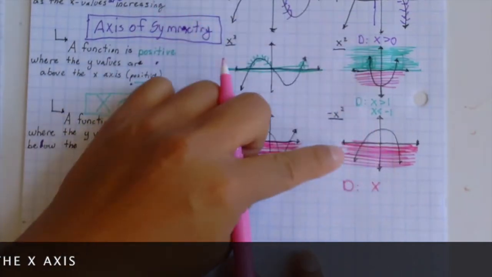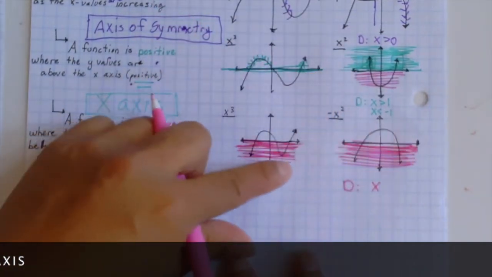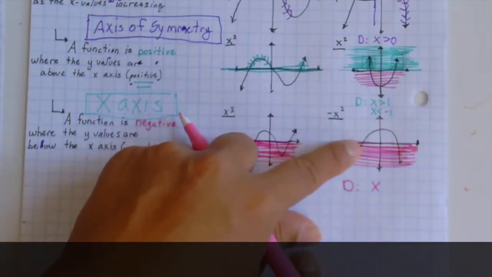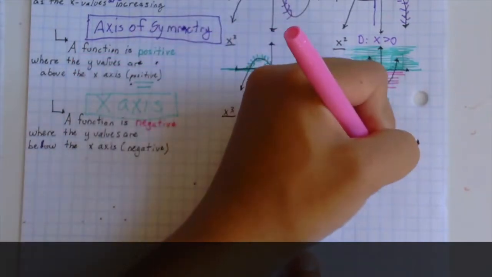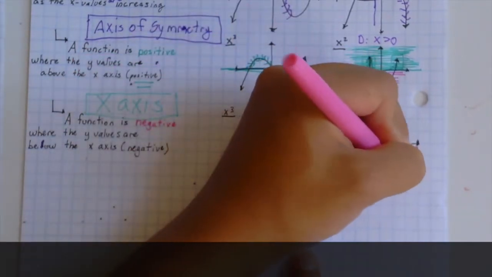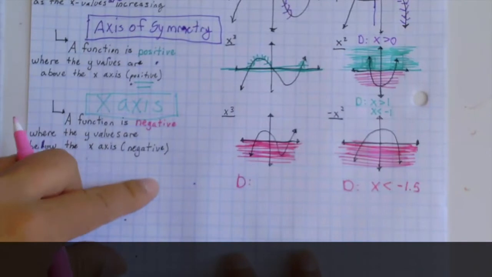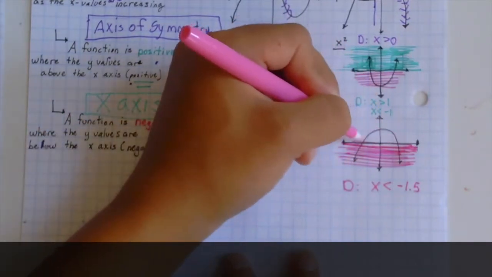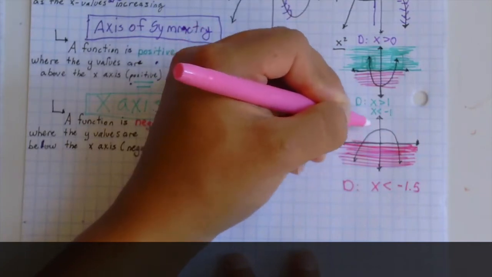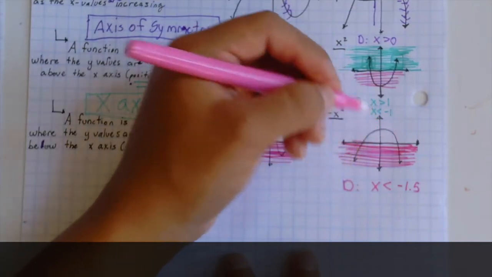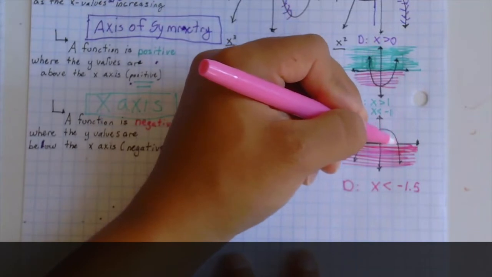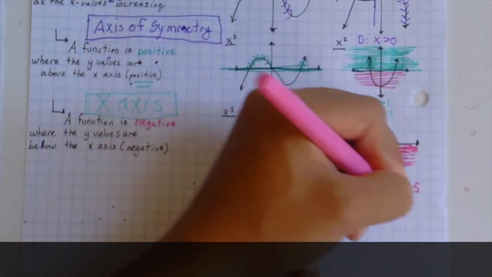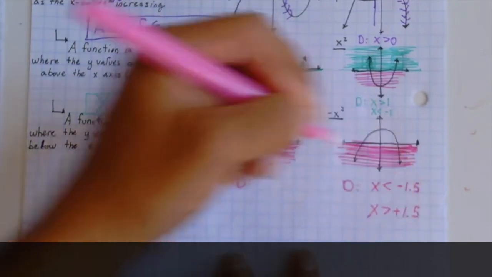It is below the x-axis, under the line here, from, say, -1, any point less than -1.5. And because it stops being below the x-axis to be above the x-axis, we cannot include that point. But it's also negative from x is greater than +1.5.